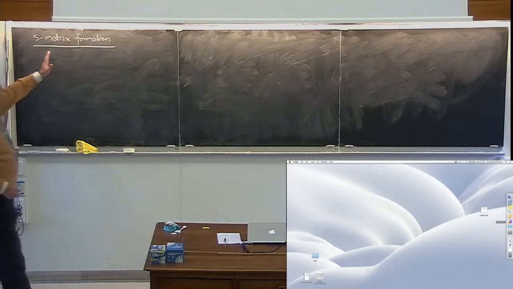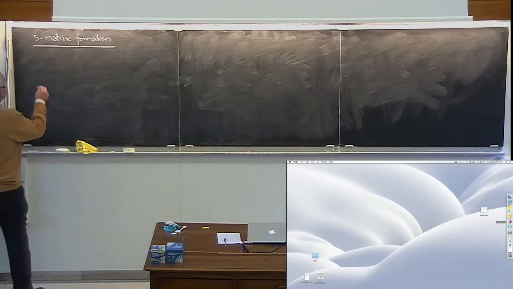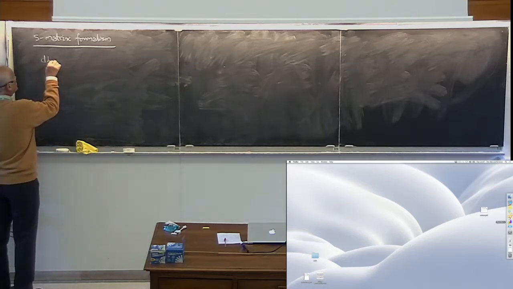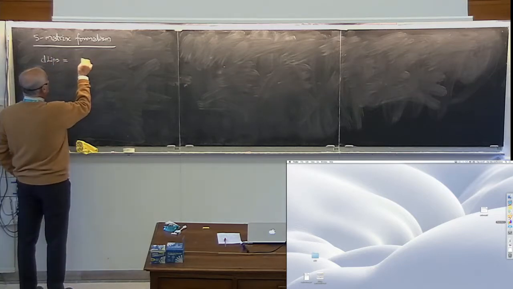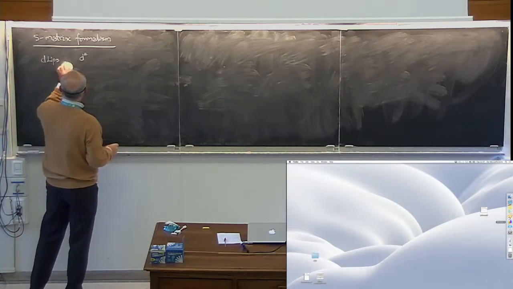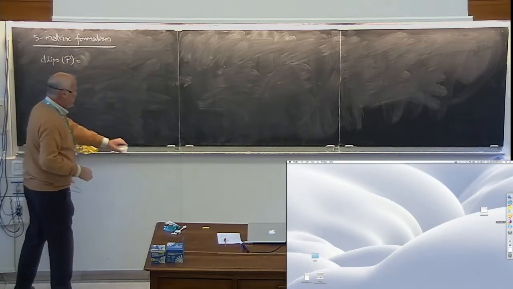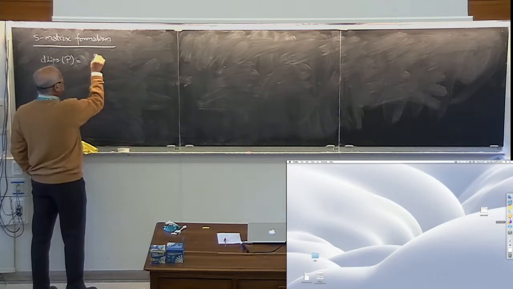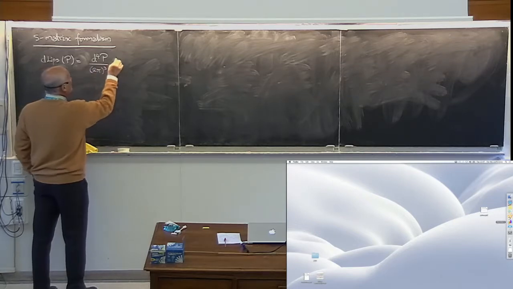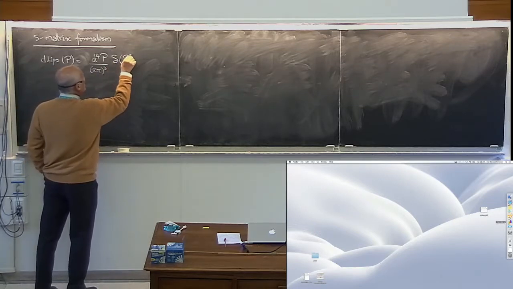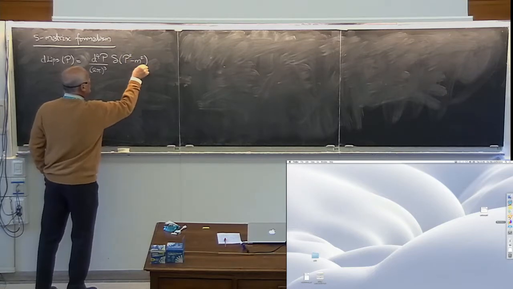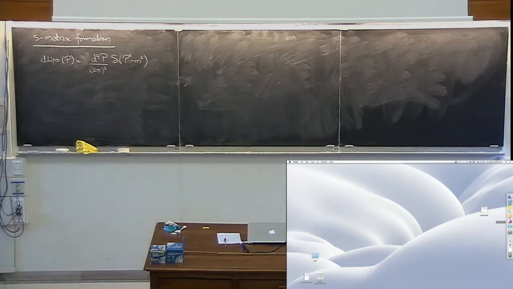Now, to define this, we need something that Pete mentioned, which is something called Lorentz invariant phase space. And Pete gave a formula for this. So the Lorentz invariant phase space for a single particle of momentum P is equal to d4p over 2 pi cubed, and a delta function which says that the particle is on its mass shell, so its 4-momentum squared is m squared.